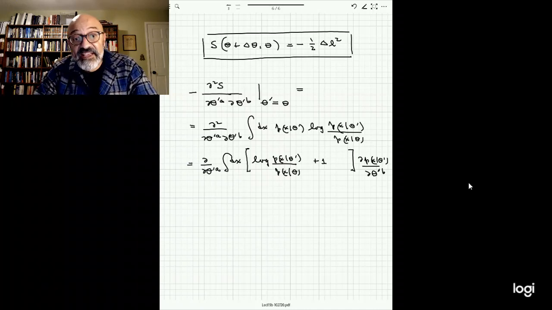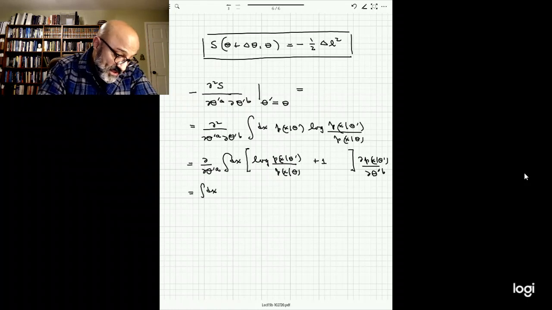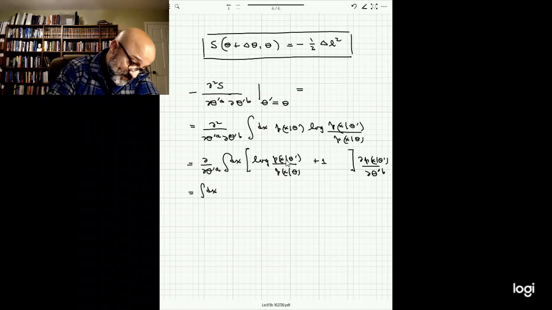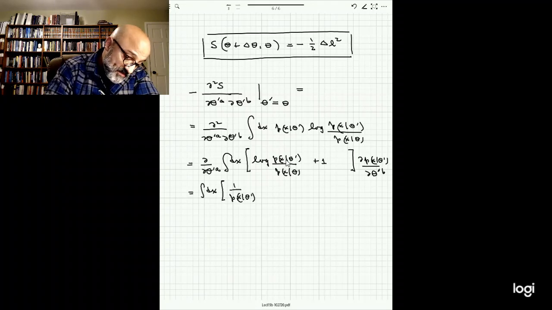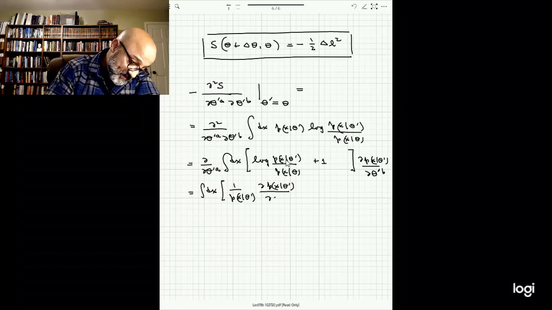Now let's take the second derivative. When we do the second derivative, what we're going to get is the derivative of the log p theta prime, which is going to be 1 over p x theta prime, derivative of p x theta prime divided by theta prime b.